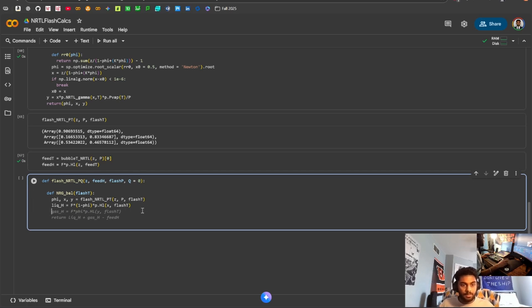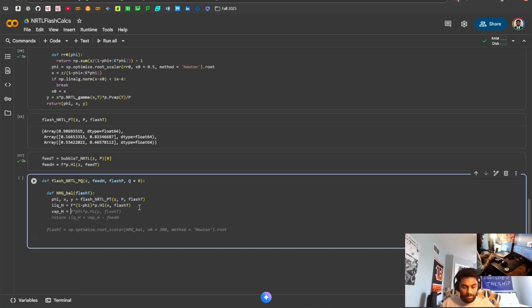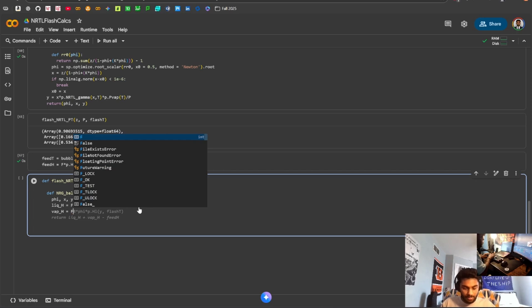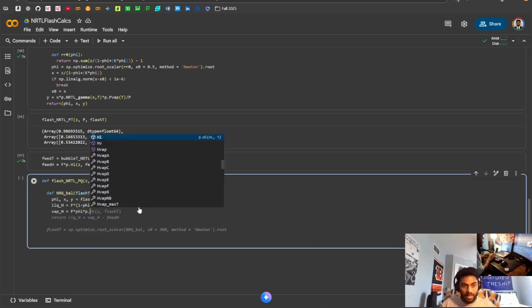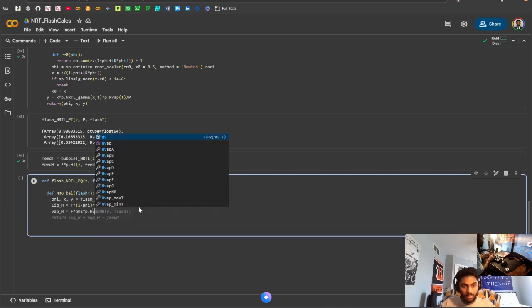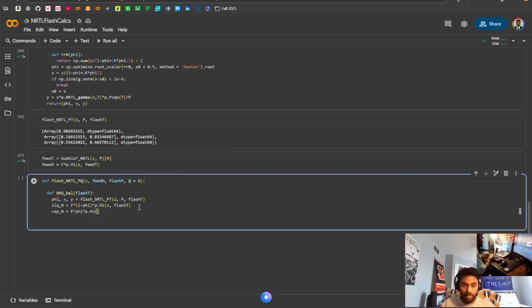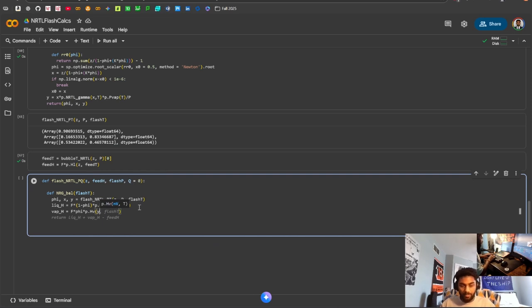And then the same thing goes for the vapor enthalpy, and that's going to be our feed rate times just phi times our vapor enthalpy. So we're going to have inputs of our Y and the flash temperature.